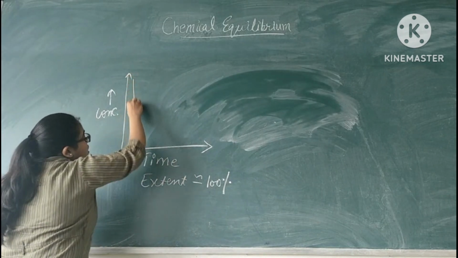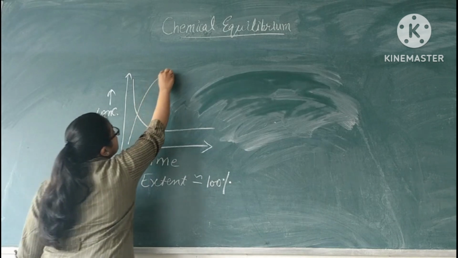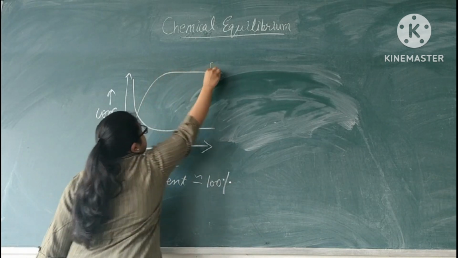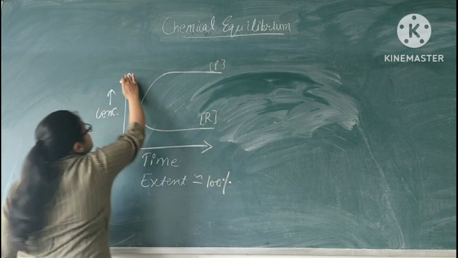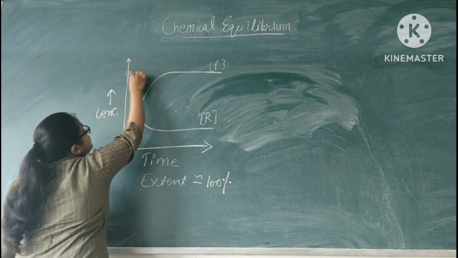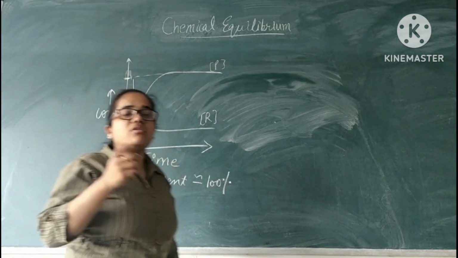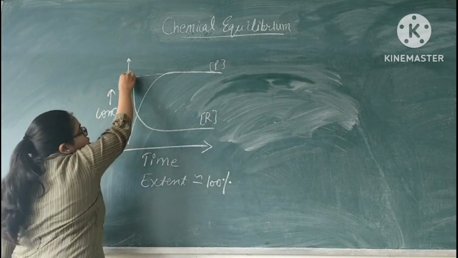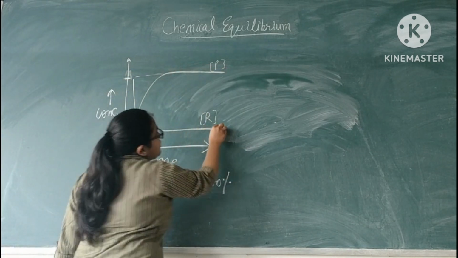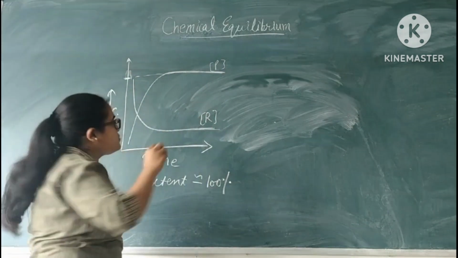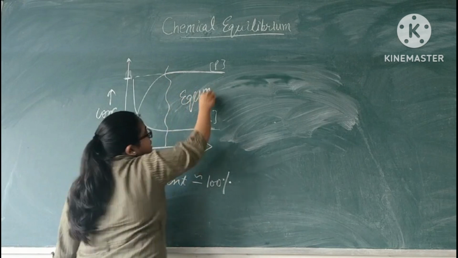So the concentration of the reactant will decrease and accordingly the concentration of the product will increase, and there is one point at which the reactant and product have the same concentration. After that the concentrations of the product and reactant are constant, and that state is known as the equilibrium state.